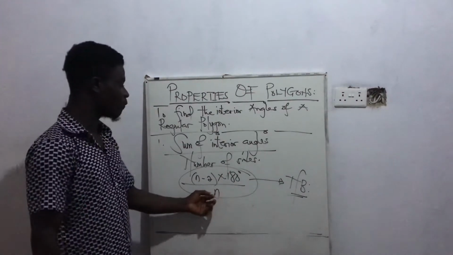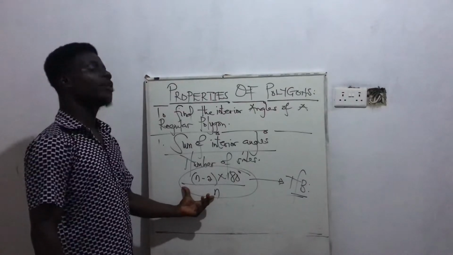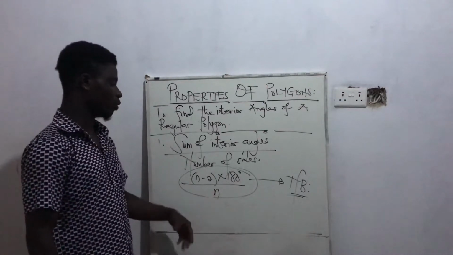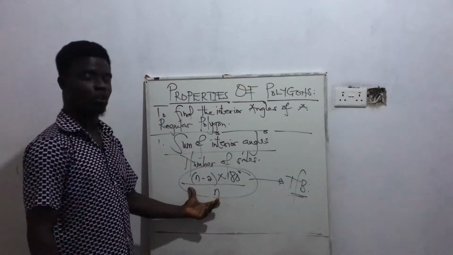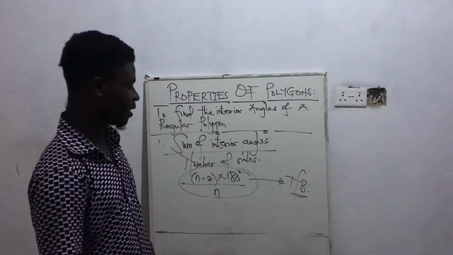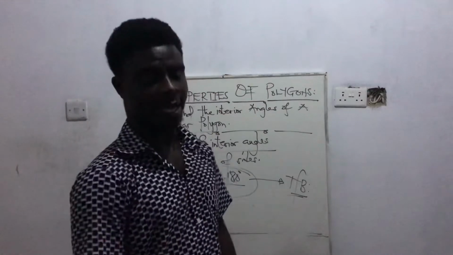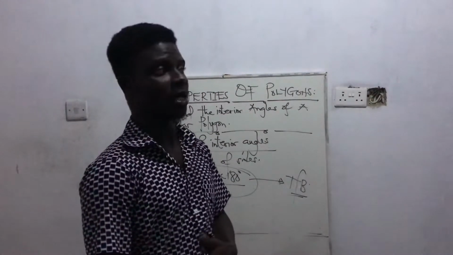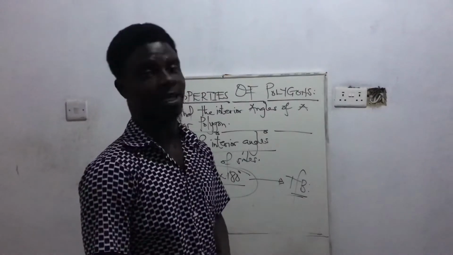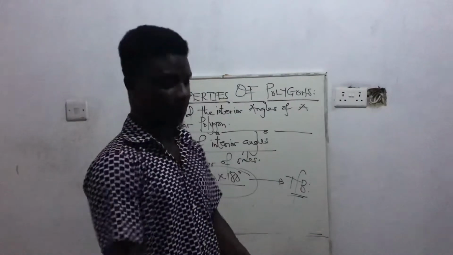If you want to find the interior angle of a regular polygon, you use this formula. Then you get the interior angle, that means one angle of a regular polygon.